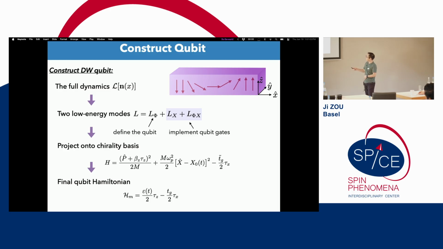You can see this tau operator here. They are basically Pauli matrices in this chirality space. And importantly, I want to point out that you have this cross term, the coupling between the real space and the spin space, or the chirality space. This is an effective spin-orbit coupling due to this spin Berry phase effect.